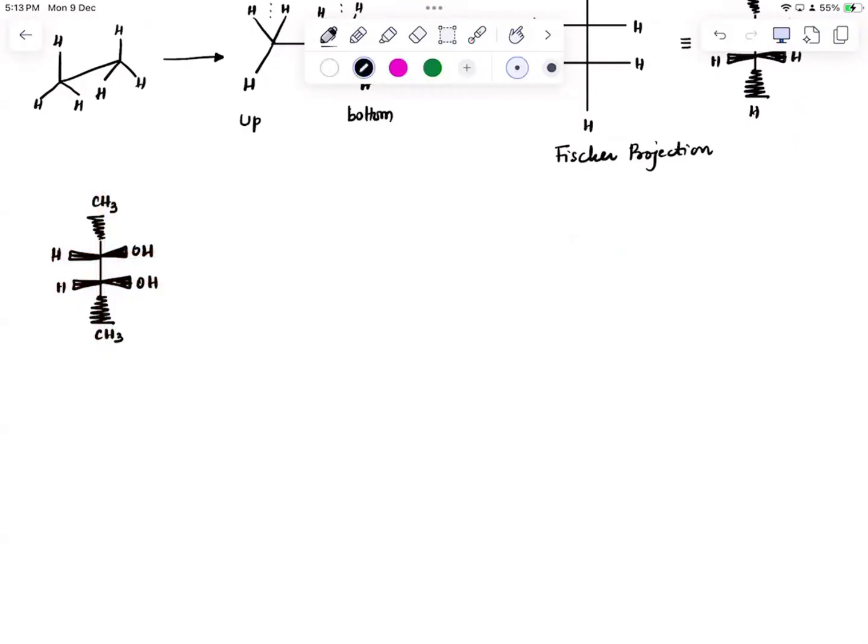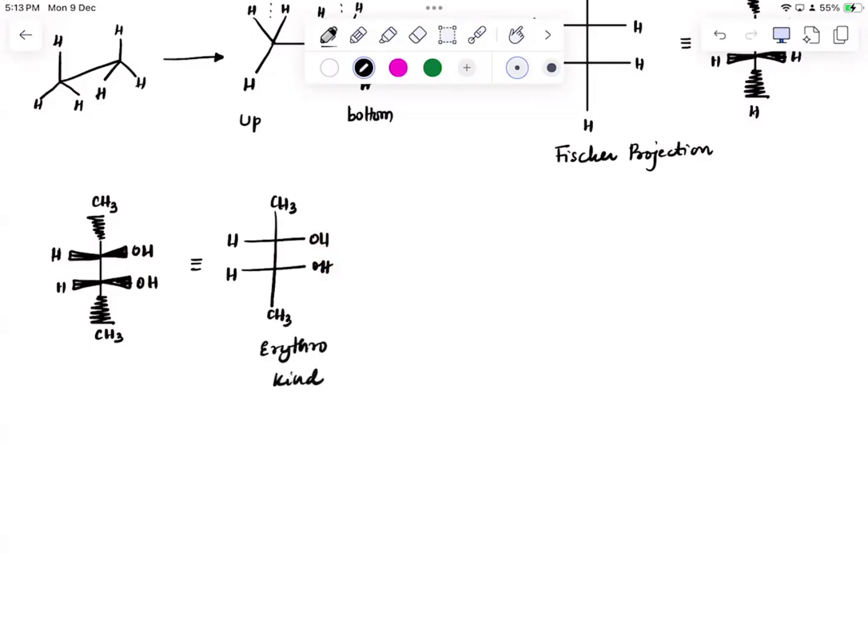Got it? So in a Fischer projection, I would be able to represent that as CH3 here, CH3 here, then OH, OH, H and H. In case two similar groups are on the same side, then you call this erythro.